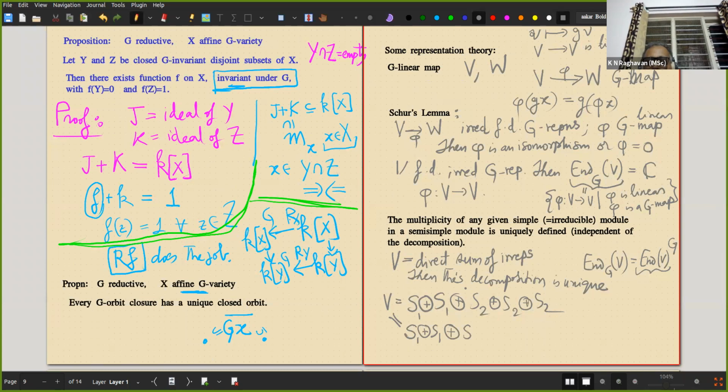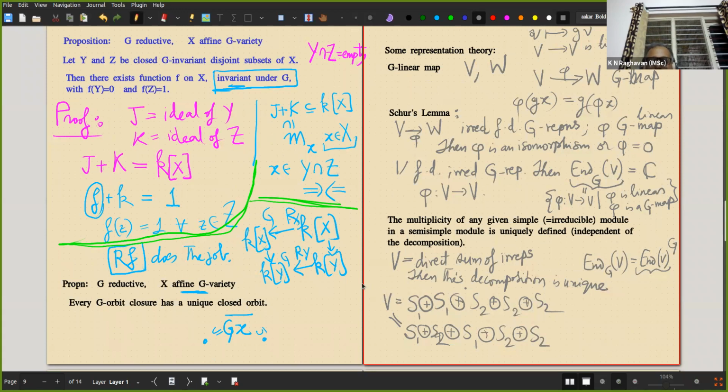Of course, maybe there will be some permutation, but this is what I meant at the beginning by saying the decomposition as a direct sum of simple representations is unique in the sense that you must also have S1 and S2, and if I decompose it separately, I will have also only S1 and S2 and 2 copies of it. If you have 2 copies of S1, I'll also have 2 copies of S1. And if you have 3 copies of S2, I'll also have 3 copies of S2.